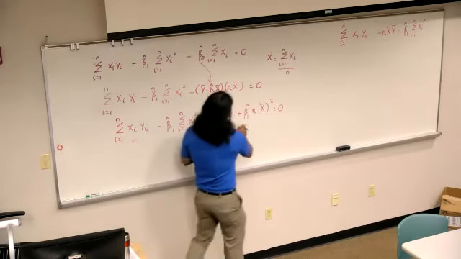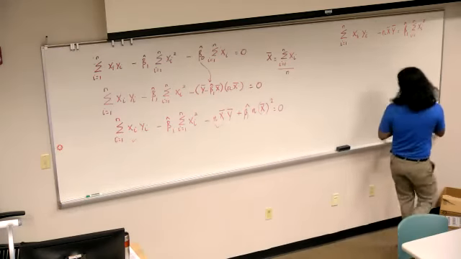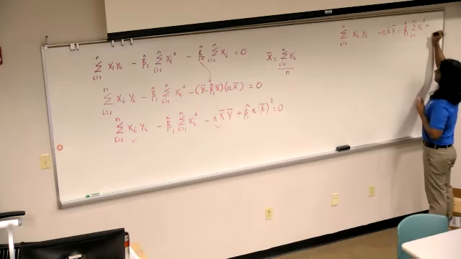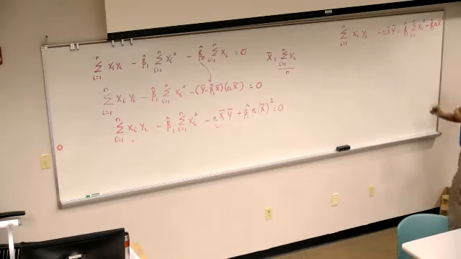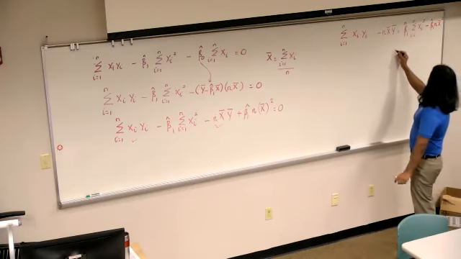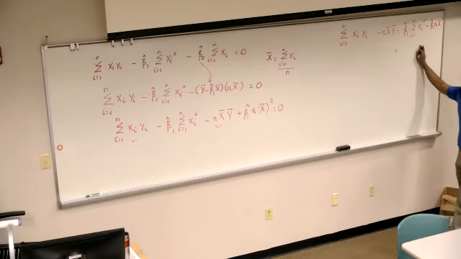Move that term to the other side, minus beta 1 hat n x bar squared. What do we have in common?